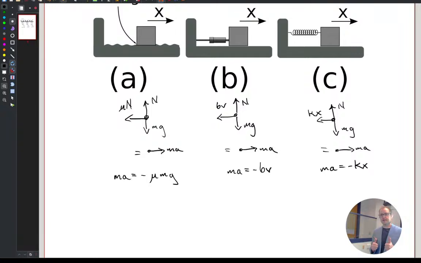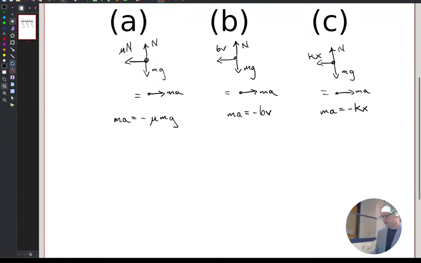Good so far? I'm just going through this quickly. In part A, since a equals negative mu g, and this is a constant, now we can say kinematic equations work.